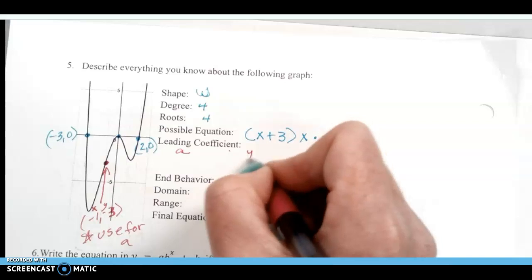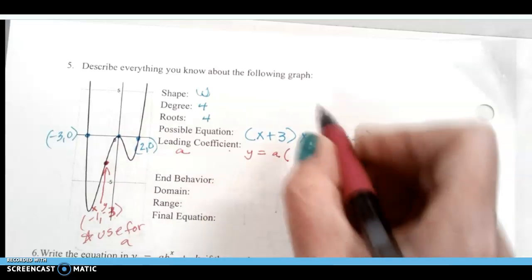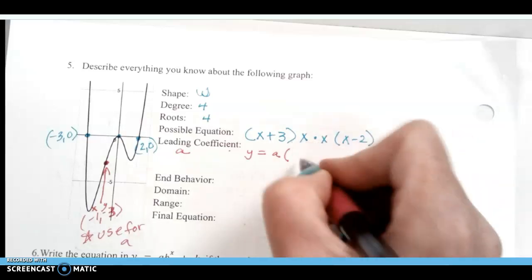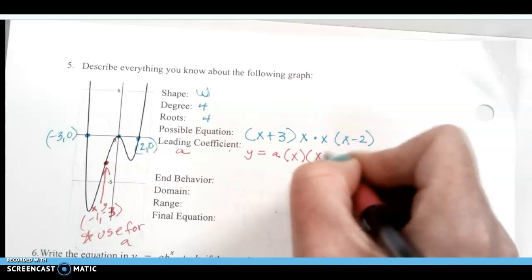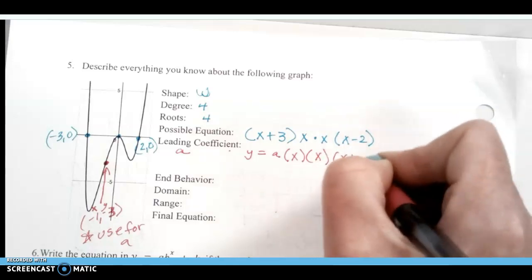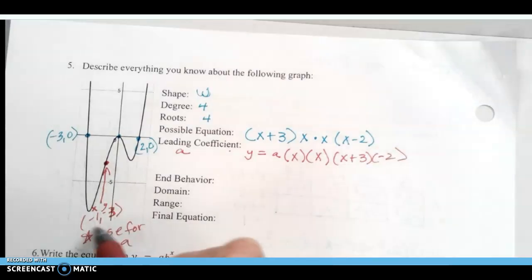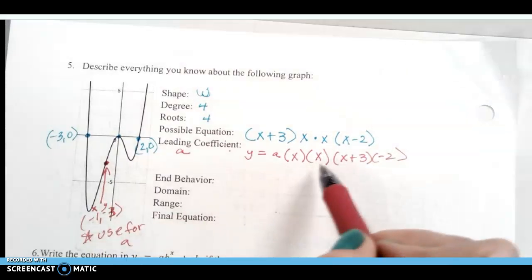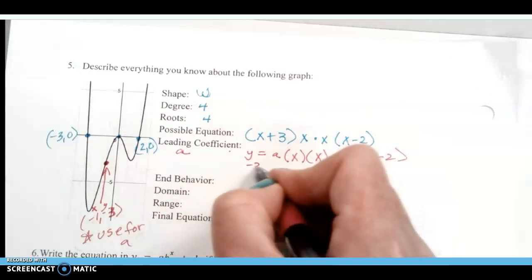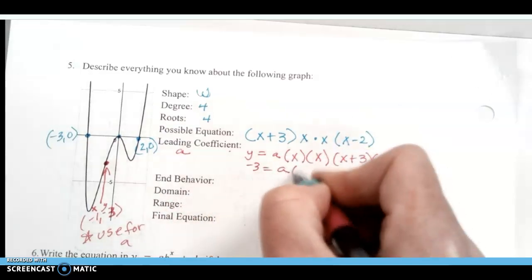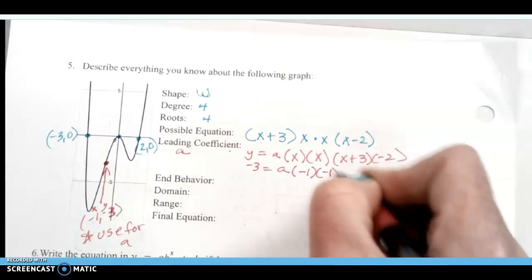So if our possible equation is y equals a times all these guys, x, let's do our x's first, x plus 3, and x minus 2. We're going to plug -1 in everywhere we see our x, and then we're going to plug -3 in where we see our y. And the only variable left will be our a. And that's what we're going to solve for.